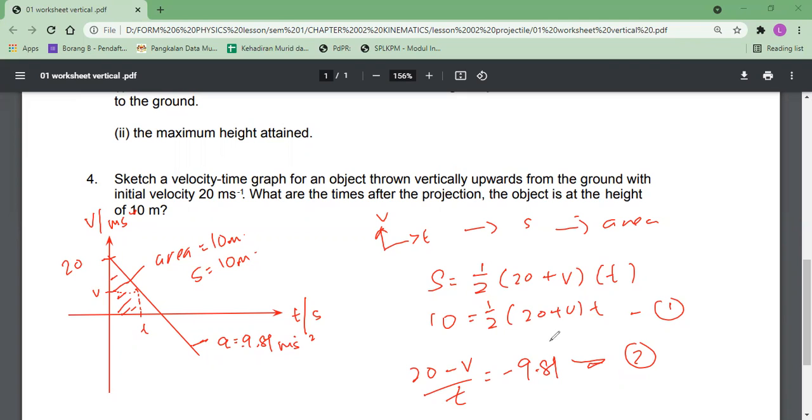That will be the displacement. Now the time t means we need v.